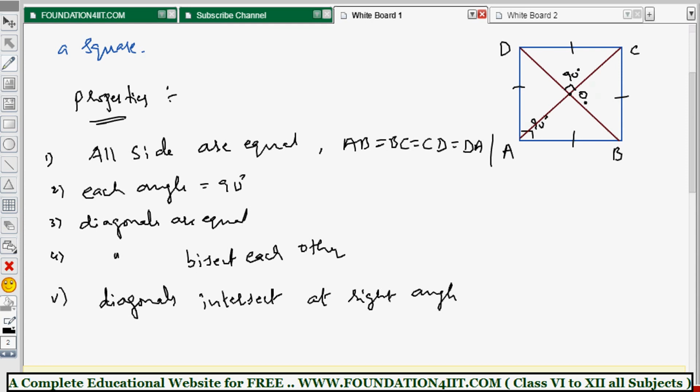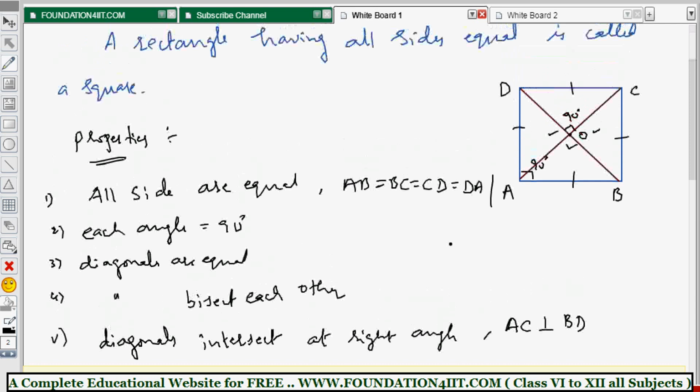Angle AOB is 90, BOC is 90, similarly COD and AOD are also 90 degrees. So you can say diagonals intersect at right angles, that is, AC is perpendicular to BD. This is the perpendicular symbol. This is an extra property you can see in the square.